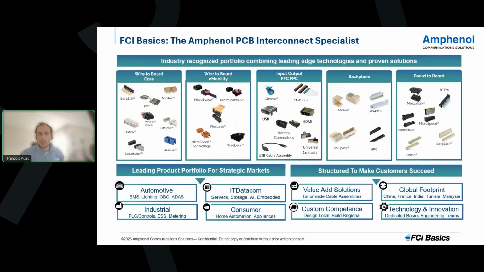Amphenol FCI Basics is specialist of signal board-to-board and wire-to-board PCB connection solutions ranging from small, miniature pitch to standard ones across 5 technological portfolios: I/O, FFC-FPC, backplane, board-to-board, wire-to-board core, which I manage, and e-mobility.